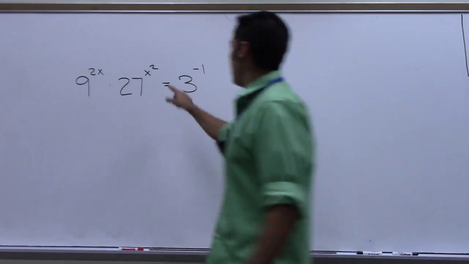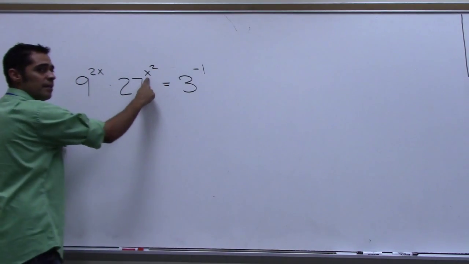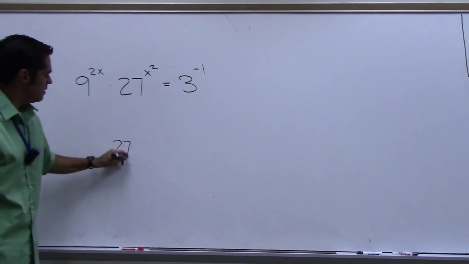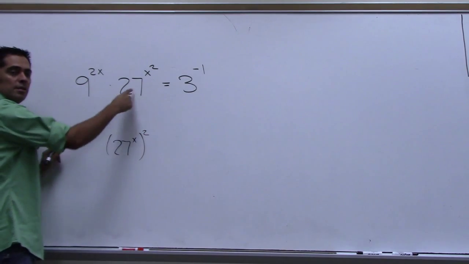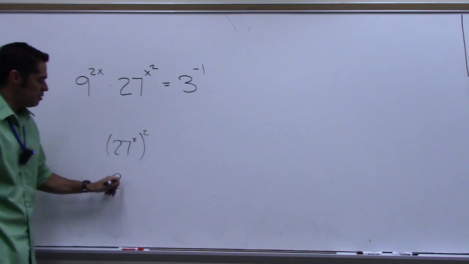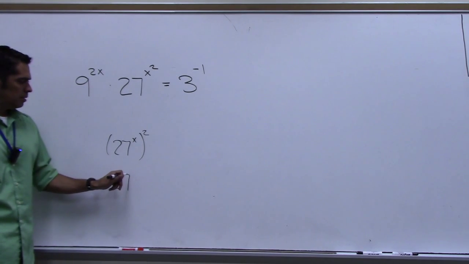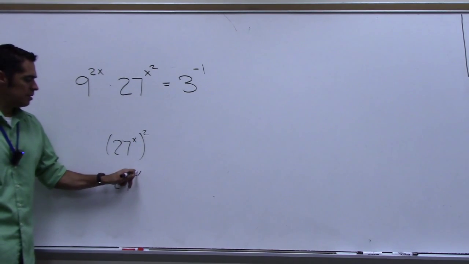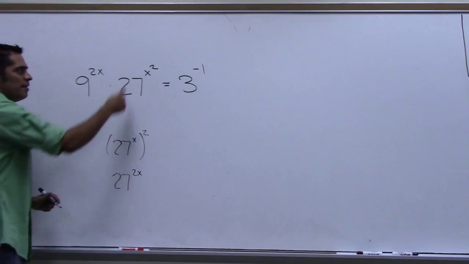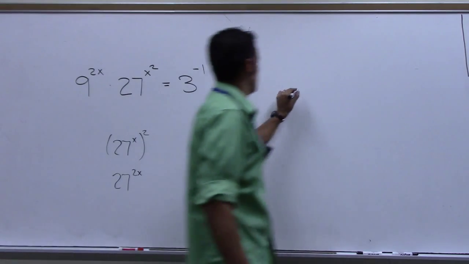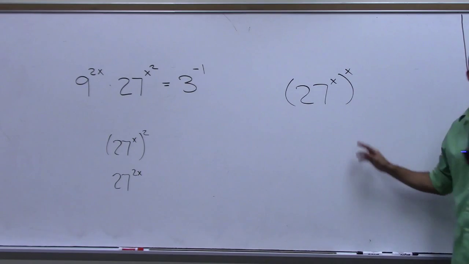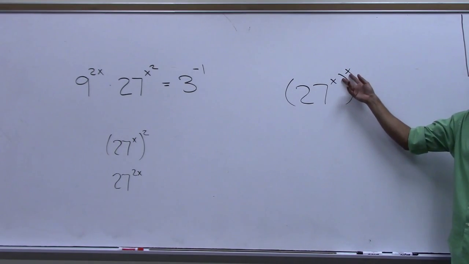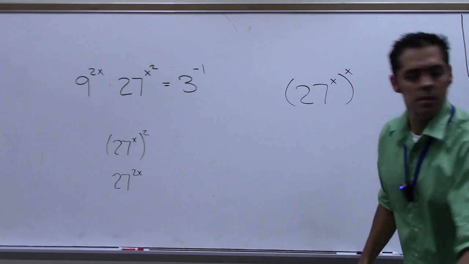That squared right here is only acting on the x. It is not acting on this. See, these two are different things, because this right here would be 27 to the 2x. See the difference? This is actually 27 to the x to the x. Because you do these two multiplied, that's x squared. See the difference? Okay.